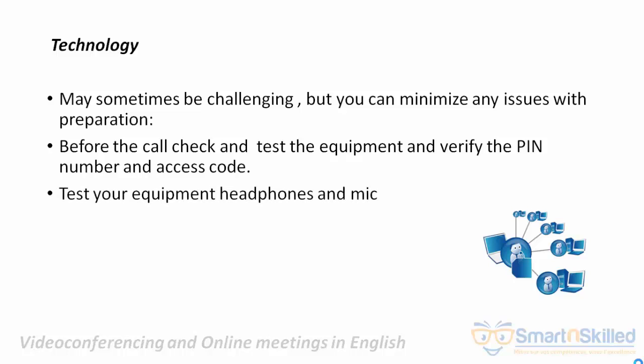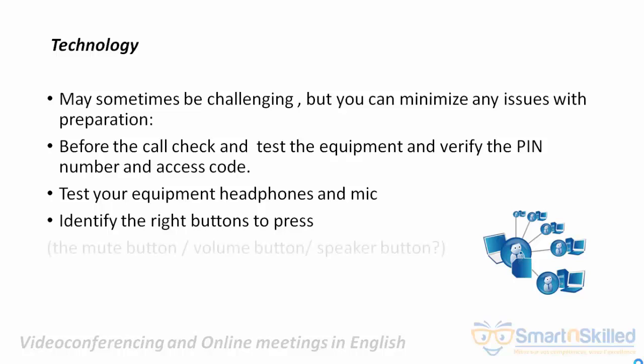Test your equipment, headphones, and mic. Identify the right buttons to press. Example, the mute button, the volume button, the speakers button, and get familiar with the platform of the meeting.